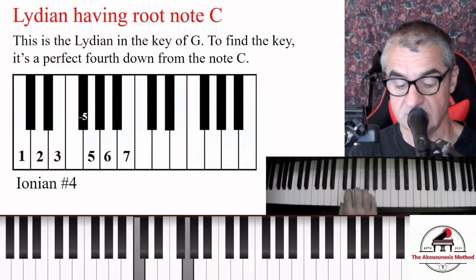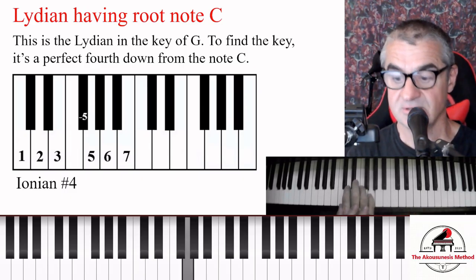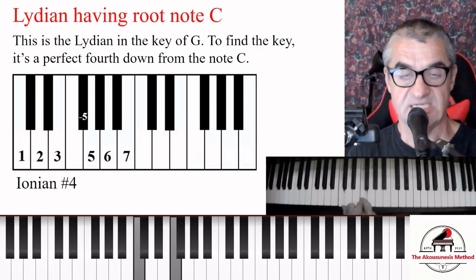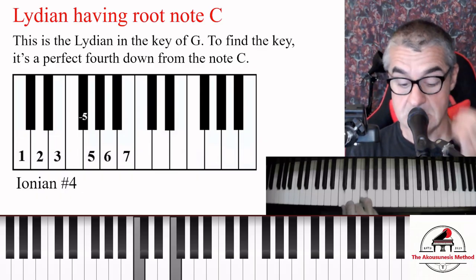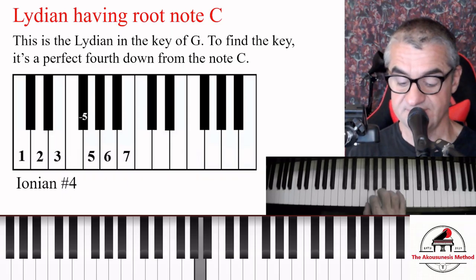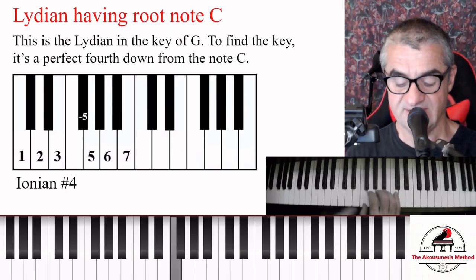All right, well, we do know that a Lydian is 4 up from the root. So what we're going to do is play from F to F. That's how the Lydian sounds. And we're going to write down the intervals.